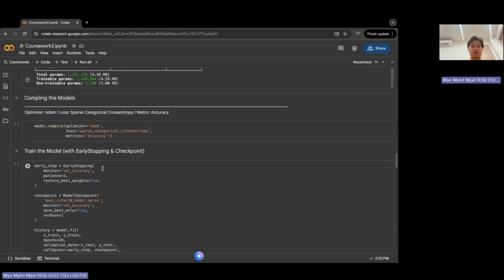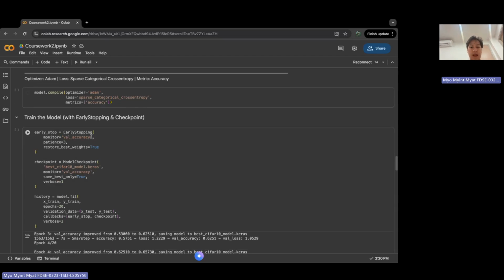I also included two important training callbacks, early stopping and model checkpoint. Early stopping monitors the validation accuracy and automatically stops training when the model stops improving, which prevents overfitting. Model checkpoint saves the best performing model weights, so that even if there is a later decline in accuracy, the best version is still preserved.